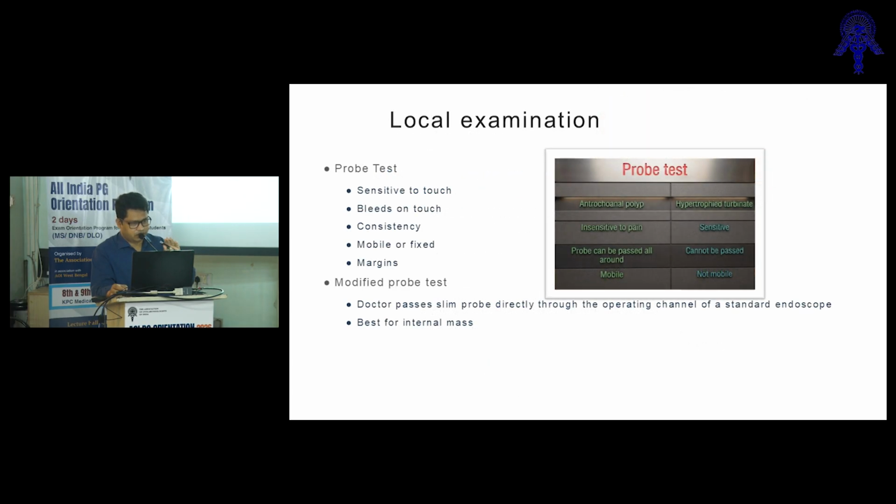So on local examination there is a probe test. The probe test is designed for some interpretation: whether it is sensitive to touch or not, bleeds on touch or not, consistency, mobility, and margin. This should be determined by the probe test.